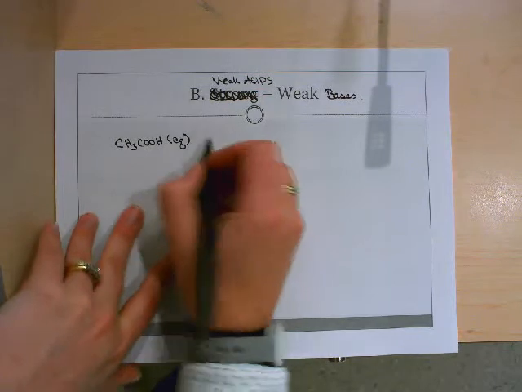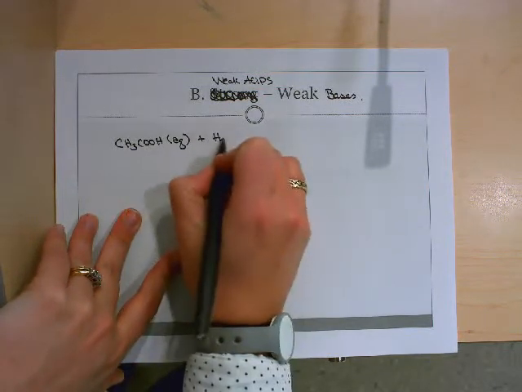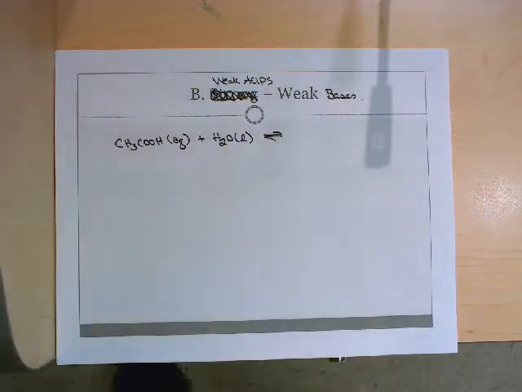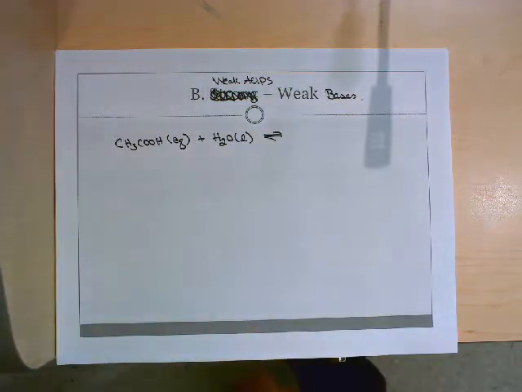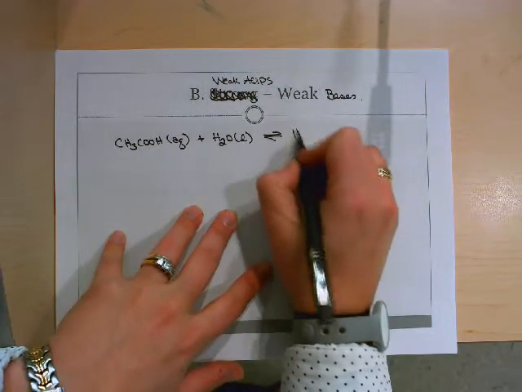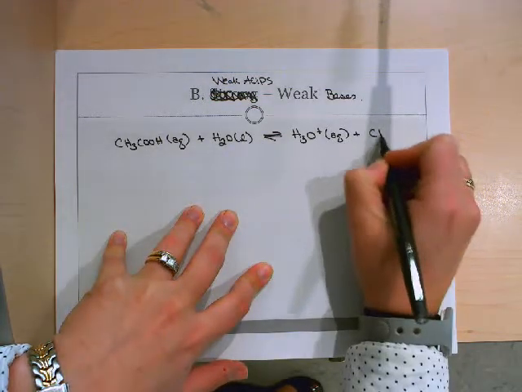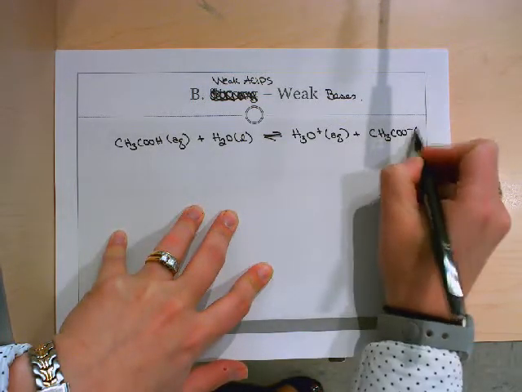I like it. Alright, so now this is a weak acid. So does it make water and a salt? No. It makes our hydronium, and then leaves this ion by itself.